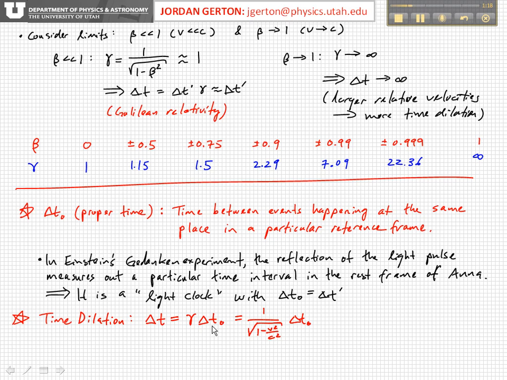Okay, gamma is defined here, where again the proper time is the time interval measured in between two events that happen at the same place in a particular other reference frame. Okay, so this relates the time intervals in any two reference frames. Okay, any two reference frames that are moving with respect to each other, and so it's a general expression for time dilation.